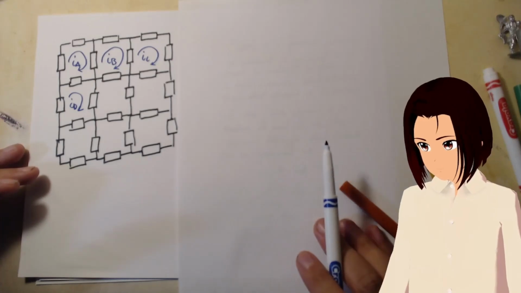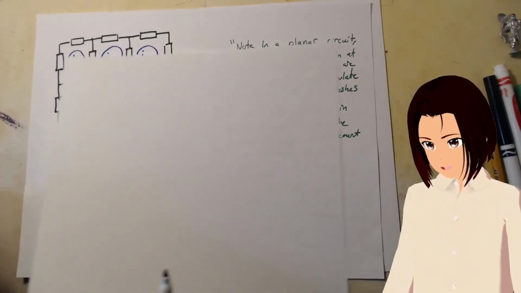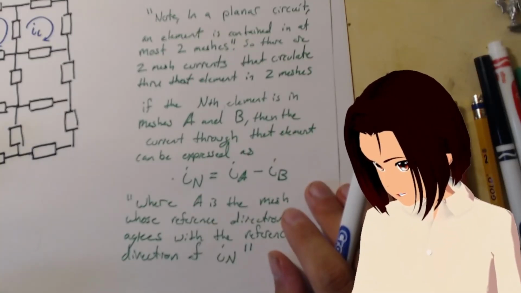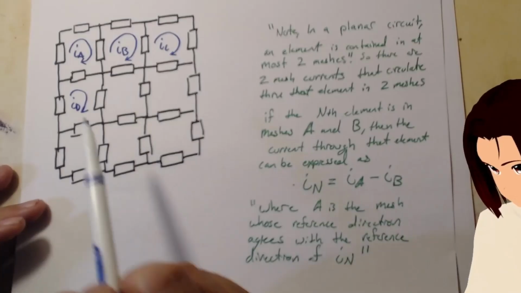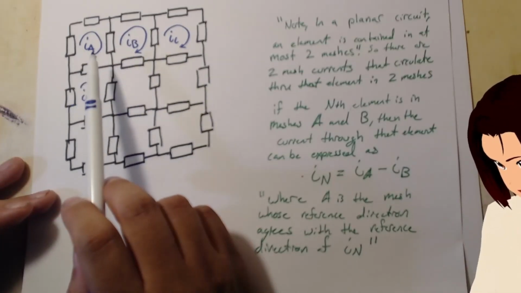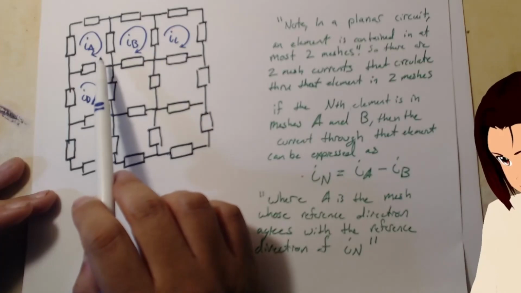In a planar circuit, an element is in at most two meshes. So there are two mesh currents that circulate through that element.